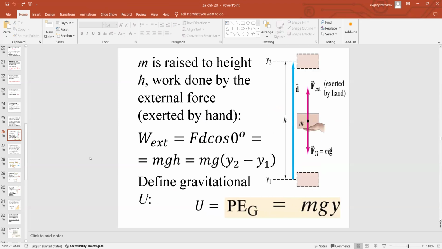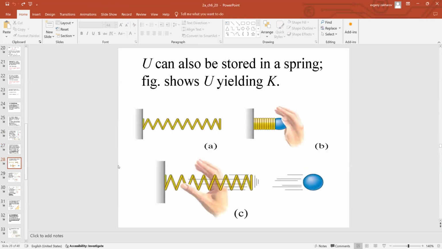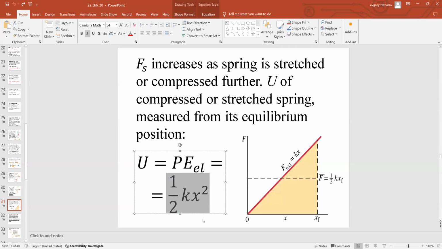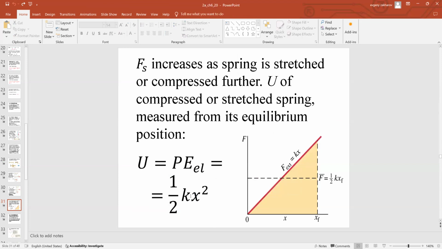Those are the two formulas for you to keep in mind while calculating potential energy of a system. Gravitational potential energy, mgy, mgh, and elastic potential, you say 1/2 kx squared, k being the stiffness, x being the displacement. Be careful with units, system international units only. That's what we have.